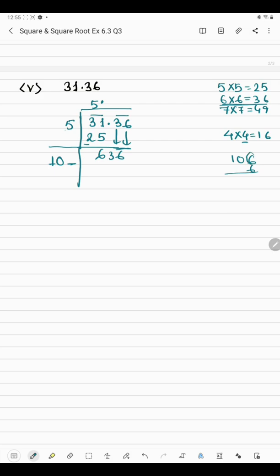Then if you take 6 here, that same number you will have to multiply here. So 6 6s are 36, 6 and 3 carry, 3 will come down, 6 1s are 6. So if you put 6 here, then only we will get 636. So the square root of 31.36 will be 5.6.